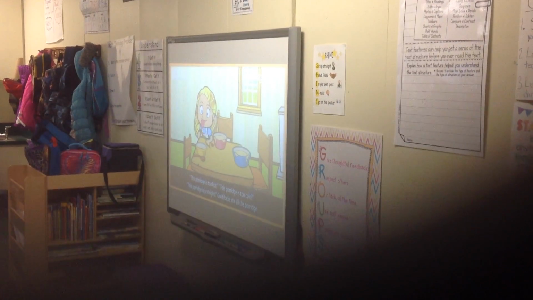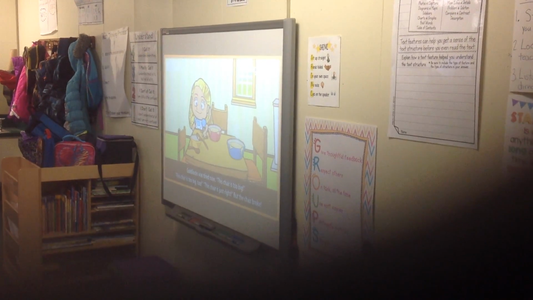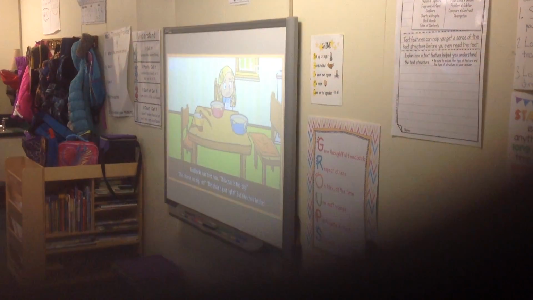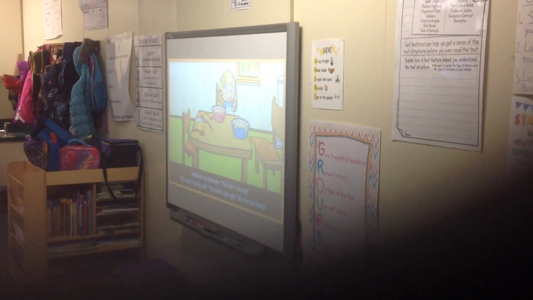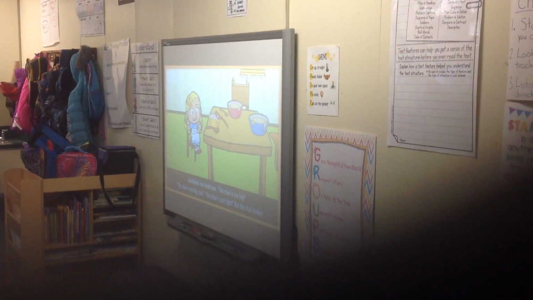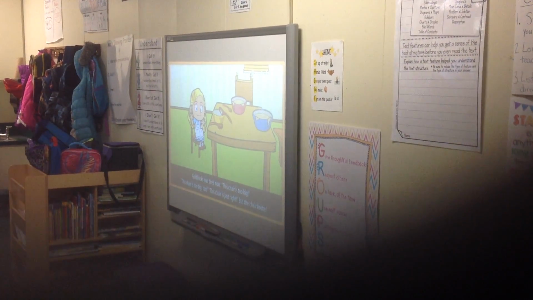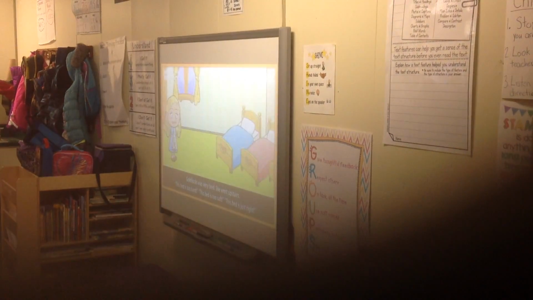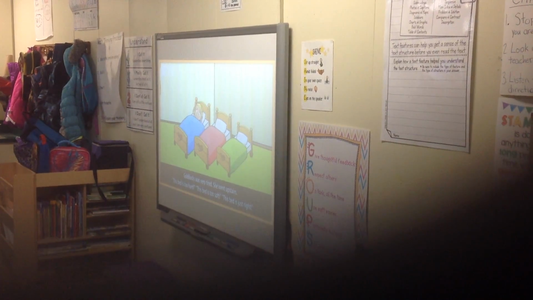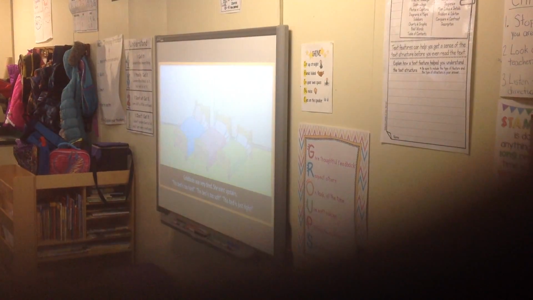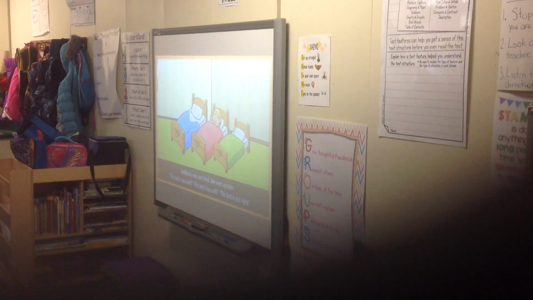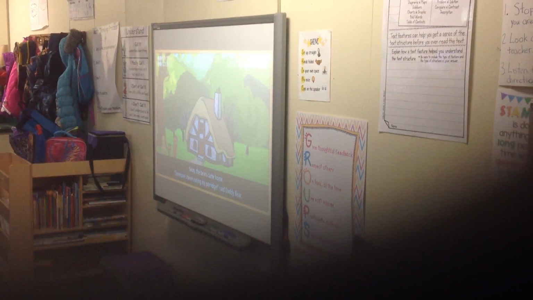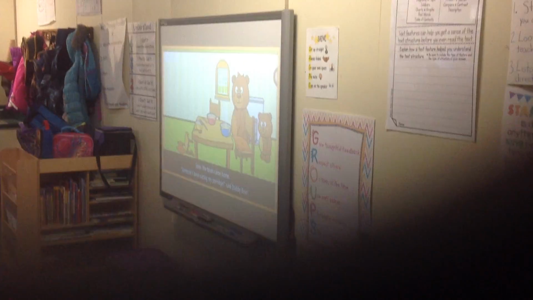Goldilocks ate all the porridge. Goldilocks was tired now. This chair is too big. This chair is too big too. This chair is just right. But the chair broke. Goldilocks was very tired. She went upstairs. This bed is too hard. This bed is too soft. This bed is just right. Soon the bears came home.